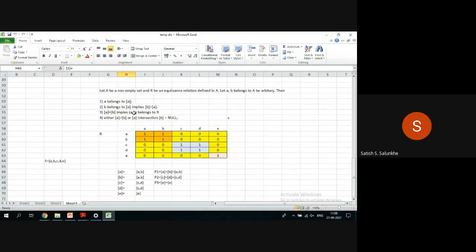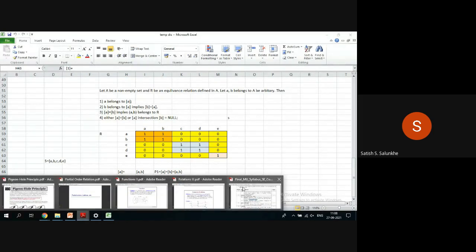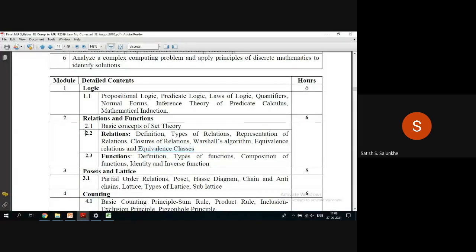There are several properties that we discussed in the last session. So what is the conclusion now? We have already finished this entire unit, that is 2.2. Now we need to go ahead to the next topic, that is functions.